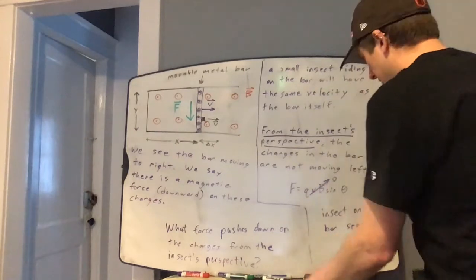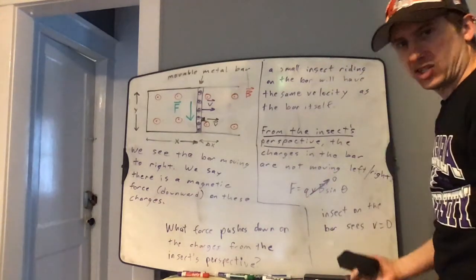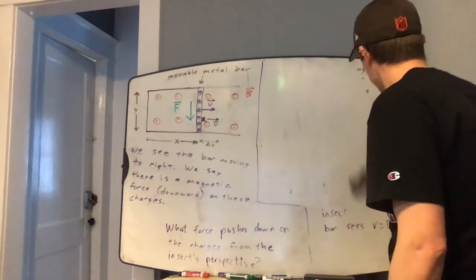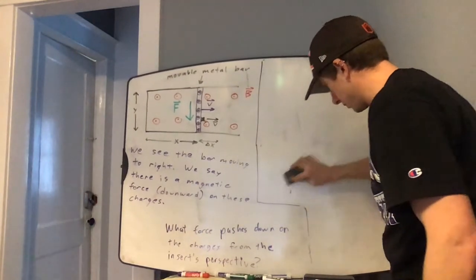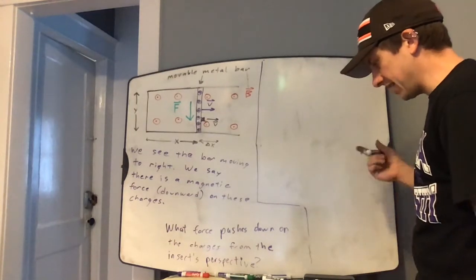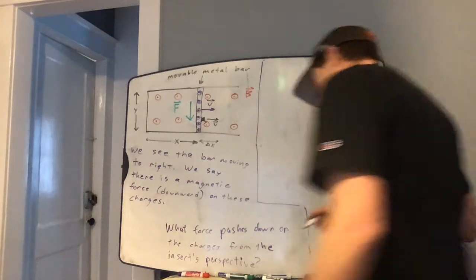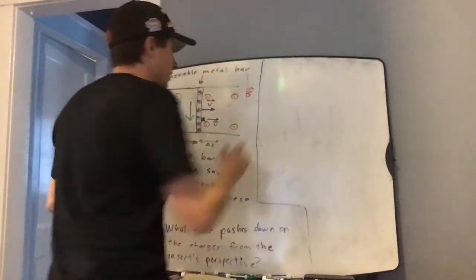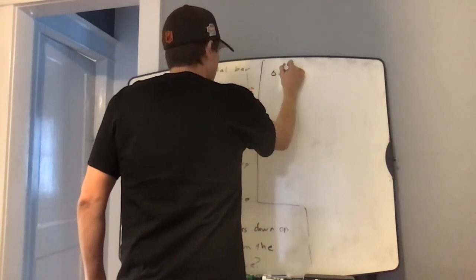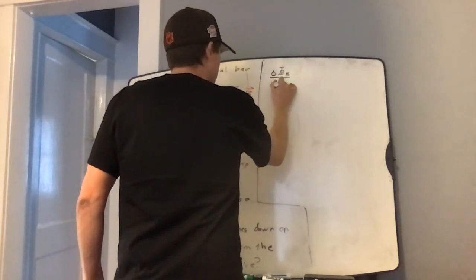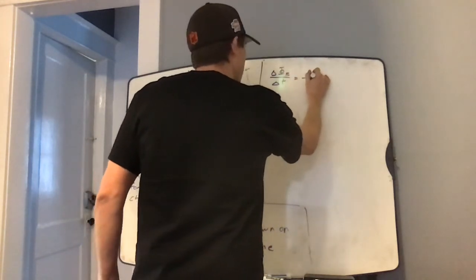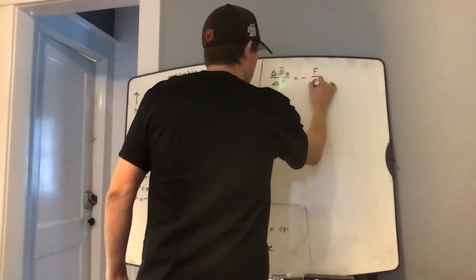So let's just look at this result we had a little bit ago. We previously said that delta phi B over delta t is equal to negative F over q times y.